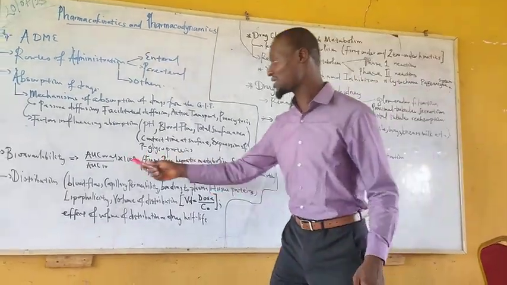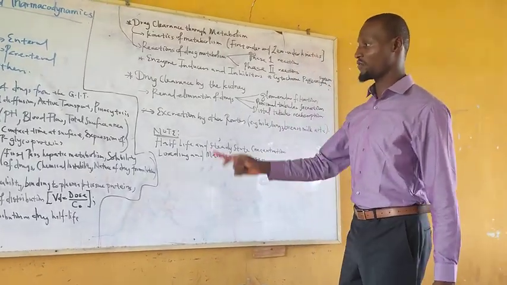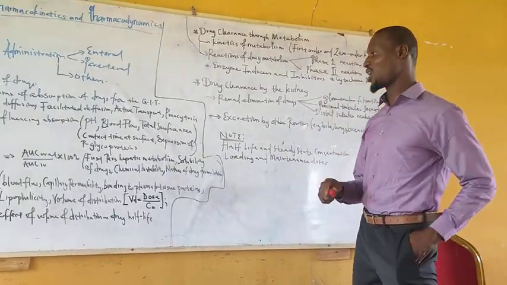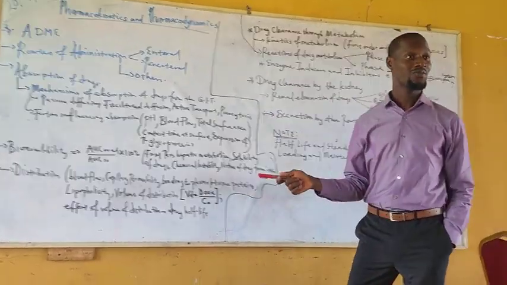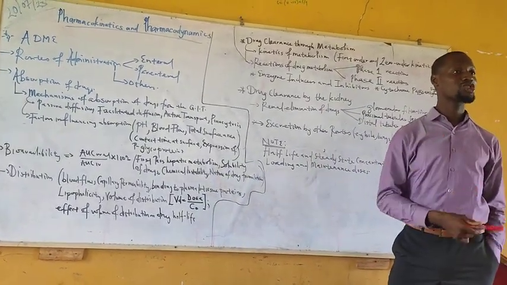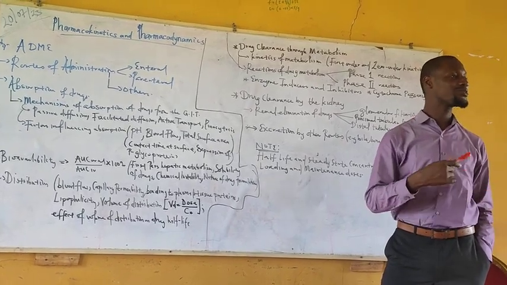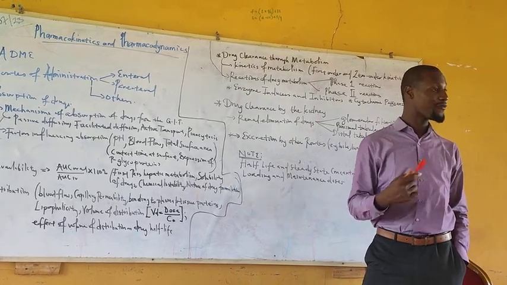Now, looking at bioavailability: it is important when we give a drug via the oral route because the drug will pass through the hepatoportal circulation. Once it goes to the liver, at times the liver destroys some drugs or renders them useless, or deems them ineffective or harmful to the body.